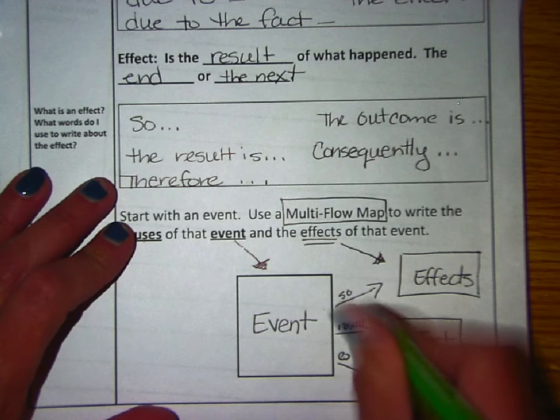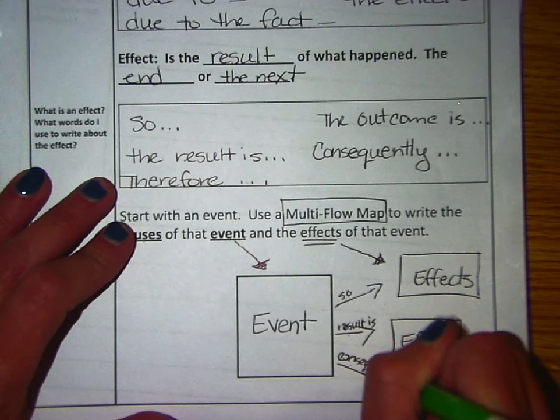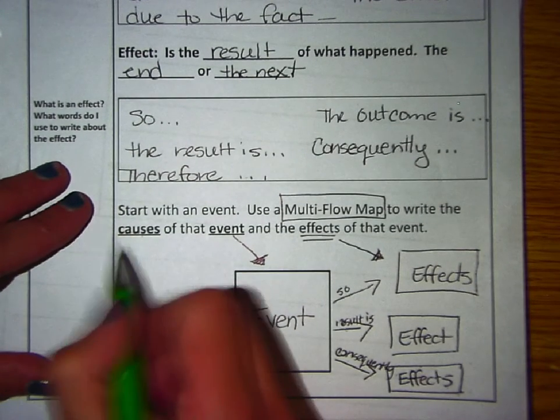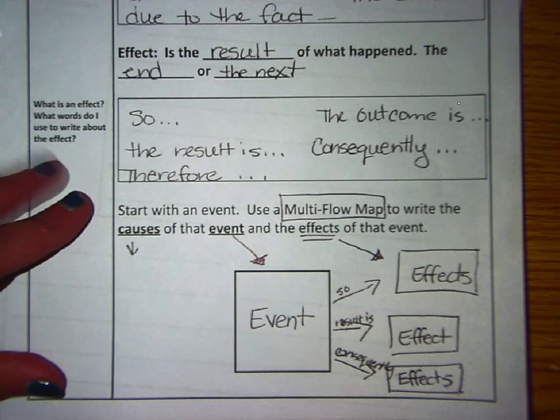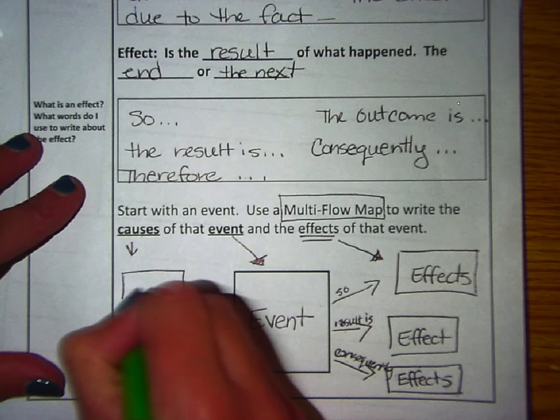My pen's not working very well. So you know now if the effects come here, then the causes are going to come first. So I could do a box and write cause number 1 goes to the event, cause number 2 goes to the event, and even cause number 3, 4, 5, however many you need.